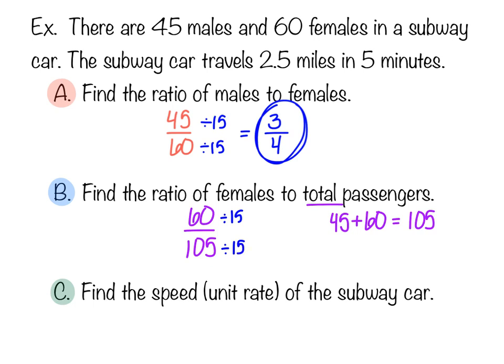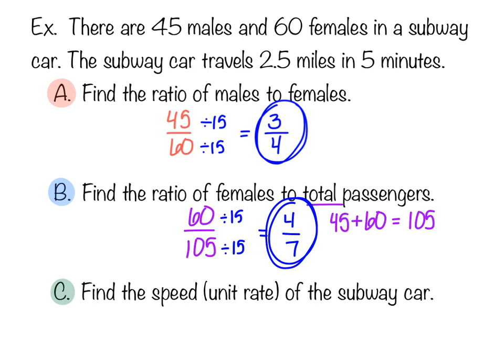We just said 15 goes into 60 4 times. So I think 60, 75 would be 5 times. 90 would be 6 times, and 105 would be 7 times. So there are 4 females to every 7 passengers. Now, that's one way you can get your answer.